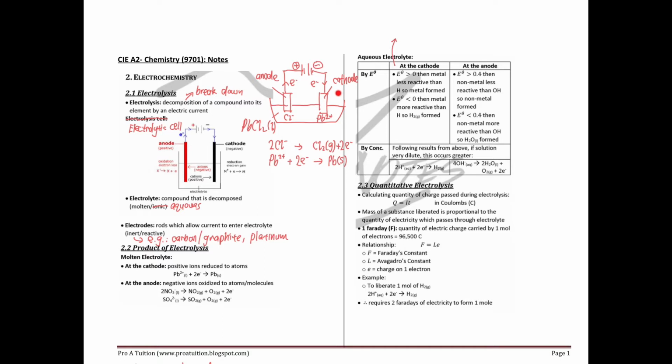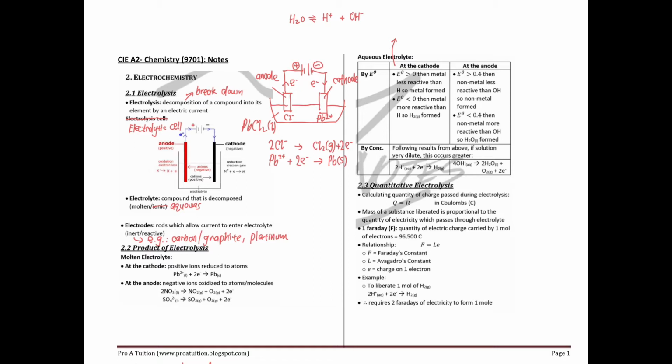So when we use aqueous, aqueous means water. Water tends to break down to H plus and OH minus. So that means we also have these cations, the H plus, that go to the cathode.